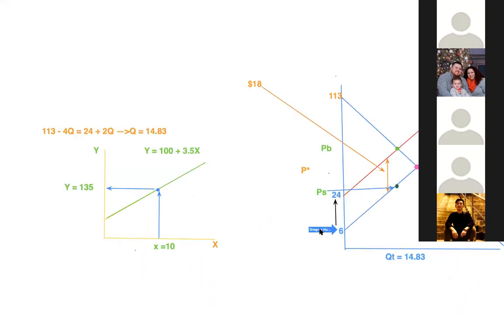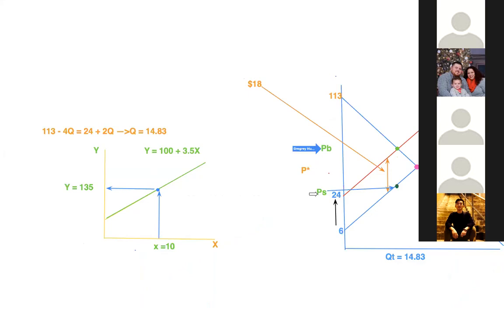Well, okay, so you tell me, James. 14.83 goes into here to get the suppliers. Are we looking for the buyer's or the seller's price in number 5? Buyers. Okay, that sounded like Derek. Good morning, Derek.